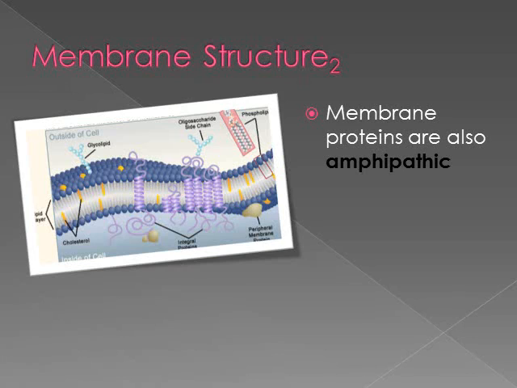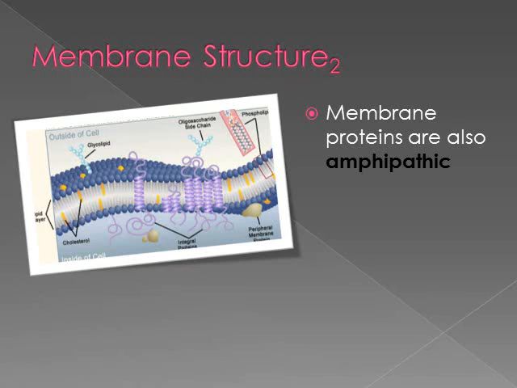Not only the phospholipids are amphipathic in a membrane, but also the proteins. Think of this a little bit while you're mulling over the diagram. If the protein is sitting in the middle part of the bilayer, look at what's labeled on this diagram as integral proteins, the purple swirls.